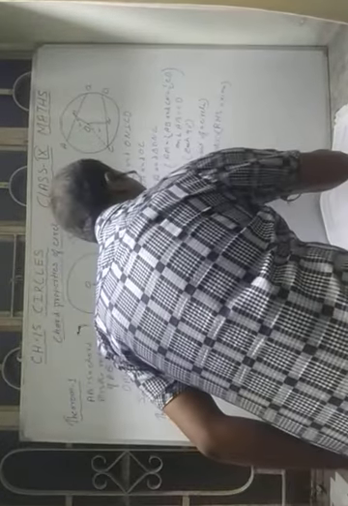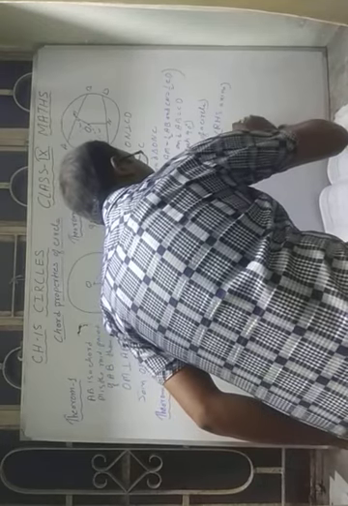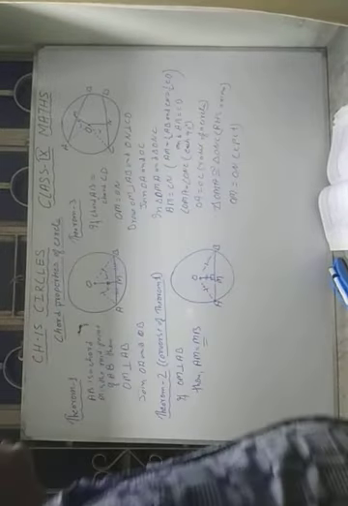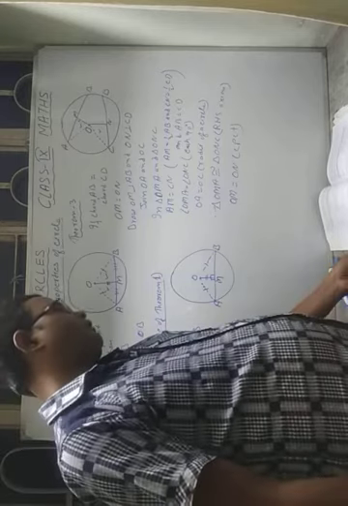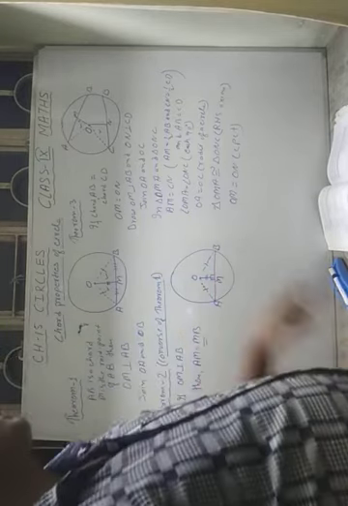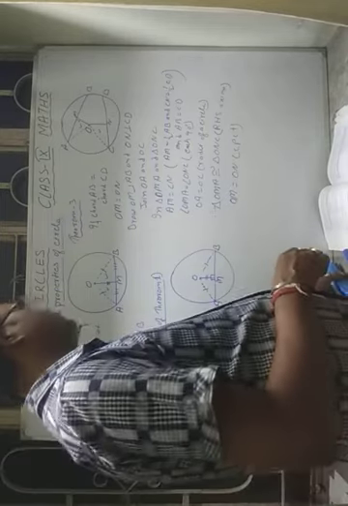Okay. So OM is equal to ON by CPCT. So we have proved OM equals ON by CPCT. So this is theorem number 3. Another theorem is there, the converse of theorem 3, that is theorem number 4.